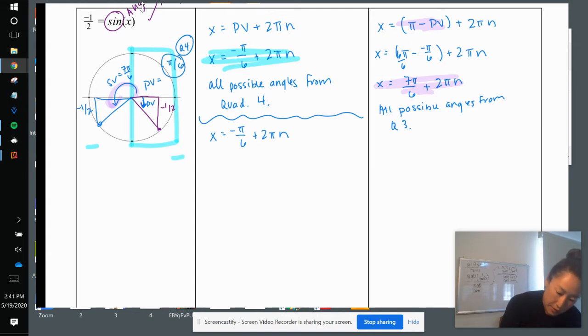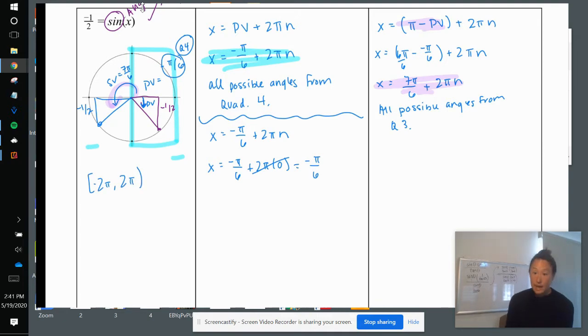Right now, if I use the integer 0, 2 pi times 0 cancels, giving me negative pi over 6. Is negative pi over 6 between negative 2 pi and 2 pi? Yes.